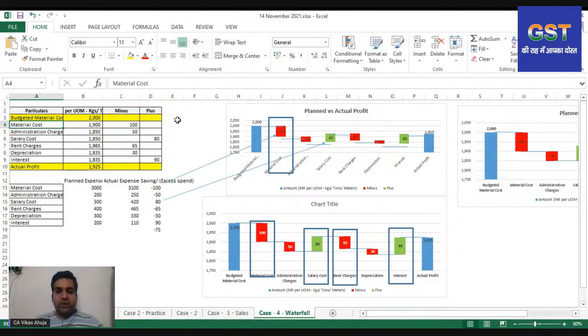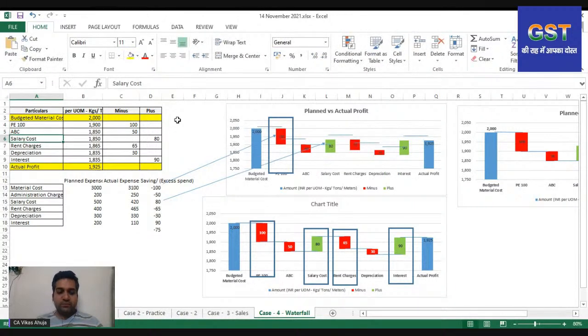granules. In granules there is a category called PE 100, a type of raw material for manufacturing of HDPE pipe. I'm just taking one example, PE 100, and then you are using some other materials A B C, material XYZ.